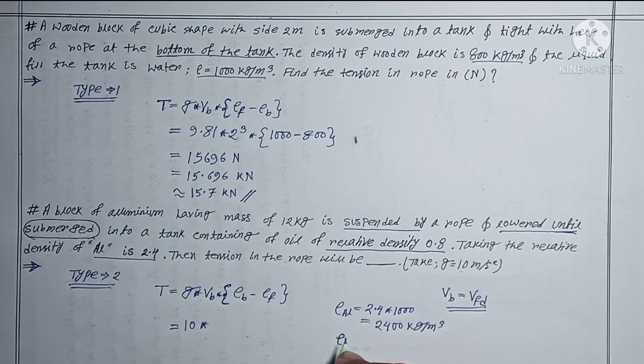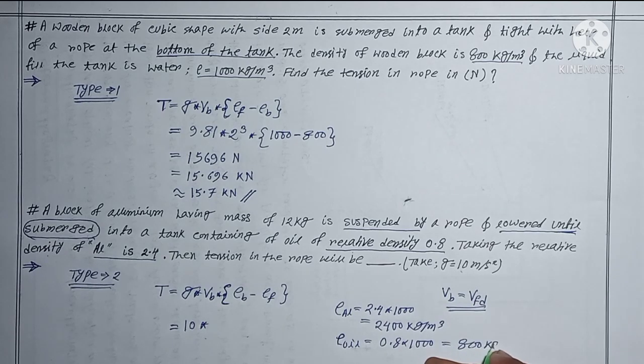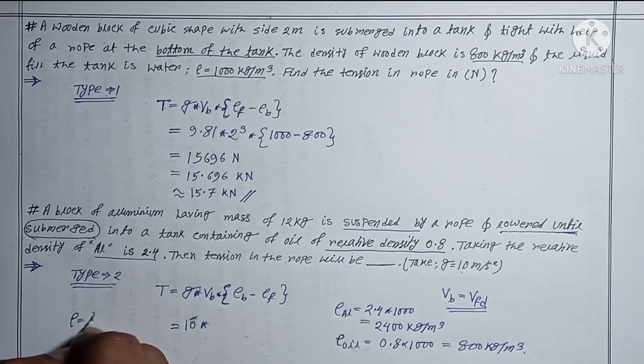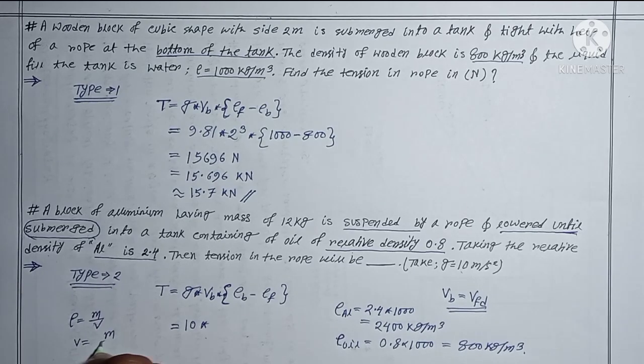Similarly, the density of the liquid or oil which fills the tank is nothing but 0.8 into 1000, so you will get 800 kg per meter cube. It is clear. Now here volume: we know that rho is equal to m by v, so volume can be written as m by rho.